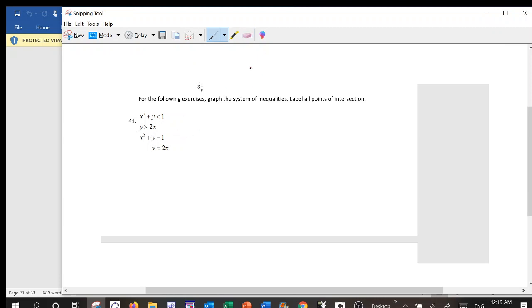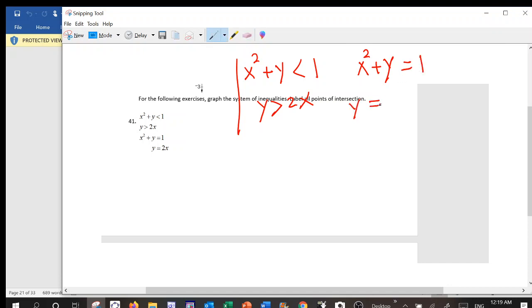So we have x squared plus y is less than 1, and we want y to be greater than what? 2x, right? So we got to solve this. So we have to do x squared plus y equals 1, and then we have to do y equals 2x, right?